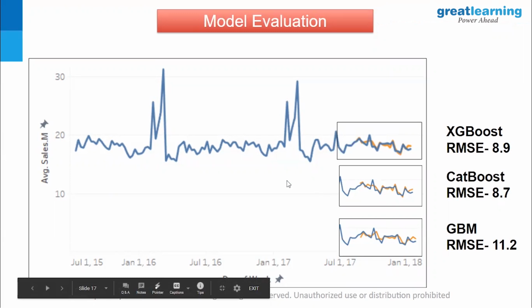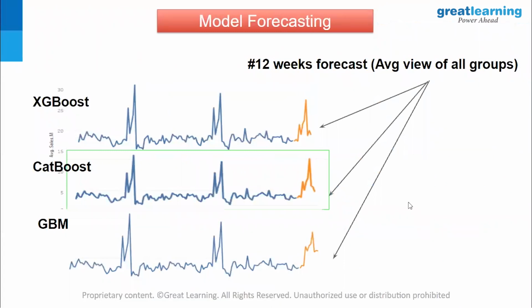Okay, so let's move on to the next. Now this is the forecasting output by using these machine learning models. Forecasting is something, if you remember, we discussed in the previous slide where we were forecasting week by week, right? One week at a time. So this is the output of that approach. Okay, so you could see that it looks quite reasonable.